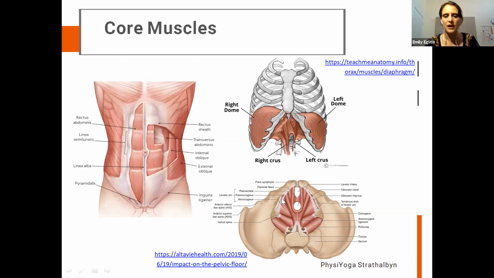And then at the bottom, we have our pelvic floor, which you can think of as running from your pubic bone at the front to your tailbone at the back. And then essentially there are fascial connections, which means it runs from your right hip to your left hip across here. So it's a sheet of muscles which helps support our abdominal organs, and it's key in keeping us continent, as well as stabilizing the pelvis.